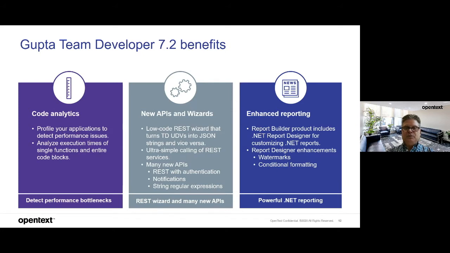In Team Developer 7.2, we provided many new APIs and a wizard, the low-code REST wizard that turns TD UDVs into JSON strings and vice versa. JSON strings have become, excuse me, the primary format for sending information between software services. So if you have a software product and you want to provide API access to that software product, you likely will use JSON as the data interchange format because it's more lightweight than the previously used XML format, which transmits a lot more metadata, I would say.